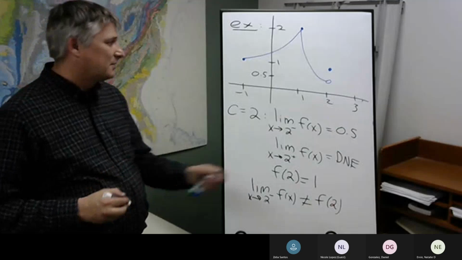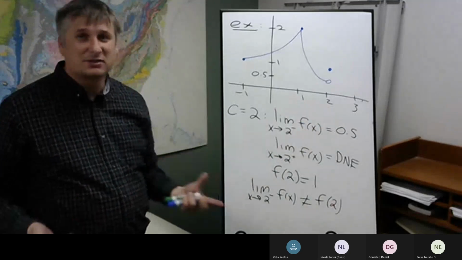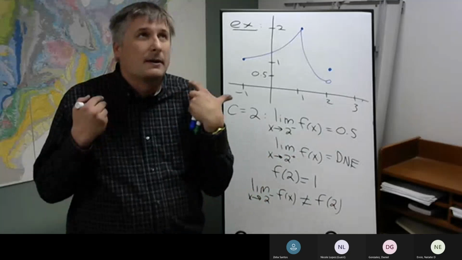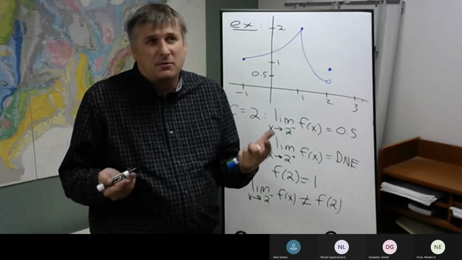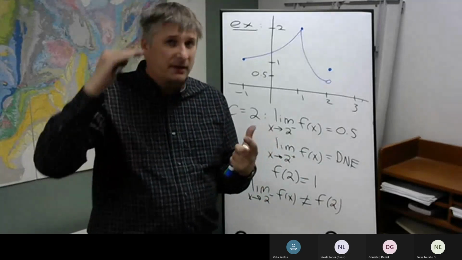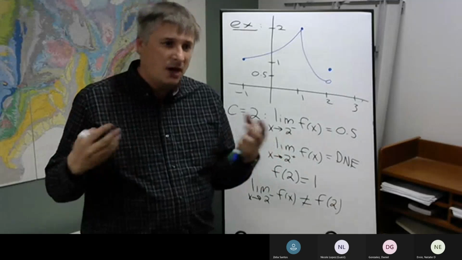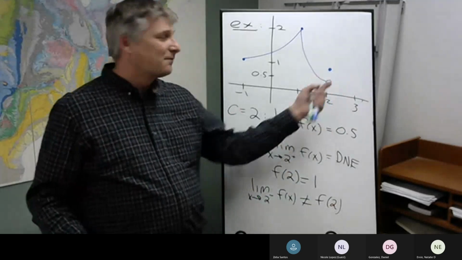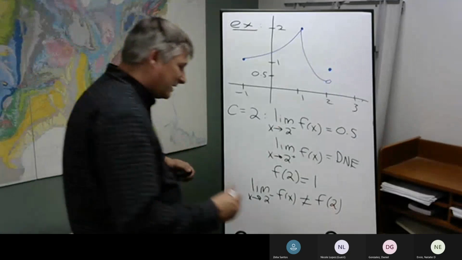So in this case, at 2, we have a discontinuity. If you think back to the 4 things that were discontinuities, oscillations, holes, infinities, and jumps, well, we've got a jump here. So we don't have any continuity.